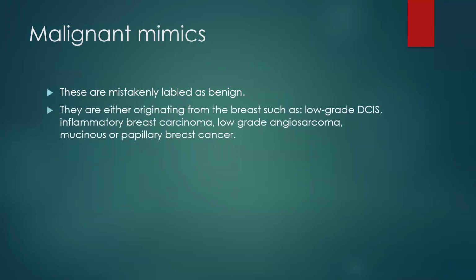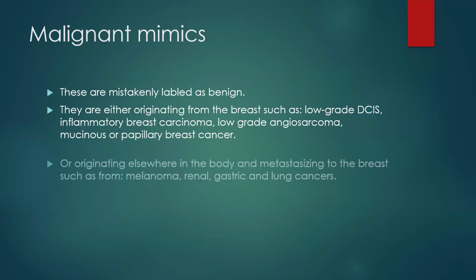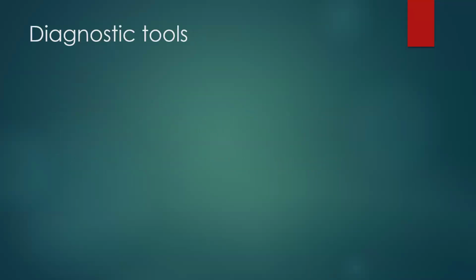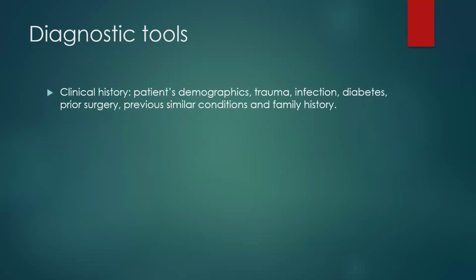They are either originating from the breast itself, such as low-grade DCIS, inflammatory breast carcinoma, low-grade angiosarcoma, mucinous or papillary breast cancers, or originating elsewhere in the body and metastasizing to the breast, such as metastasis from melanoma or renal tumors, gastric and lung cancers.